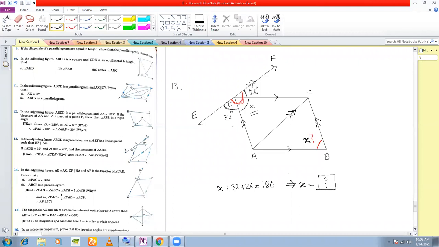Opposite angles of a parallelogram are equal. So that is why these two will be equal, so that you can easily find out this unknown angle.